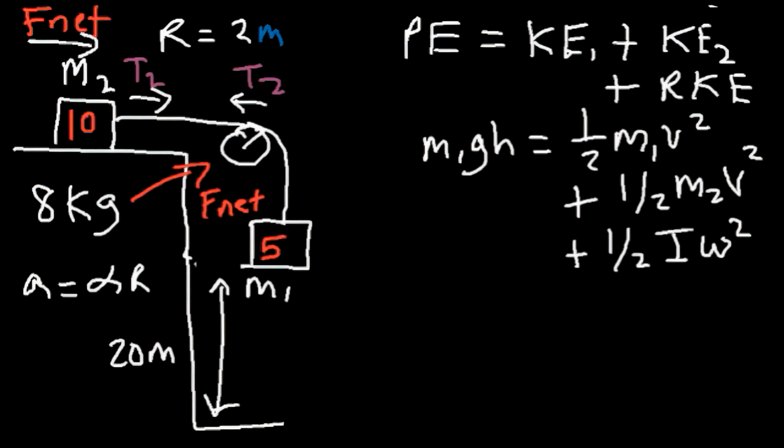So now let's plug in the information that we have. So m1gh, m1 is 5, g is 9.8, and the height is 20.